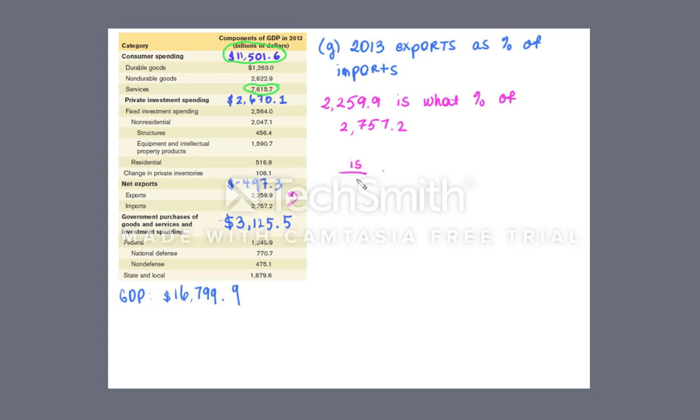Now, the percent is what I'm looking for, so I'm going to replace the percent sign with x over 100. To solve, I'm just going to cross multiply 100 times 2,259.9. That will leave x all by itself.